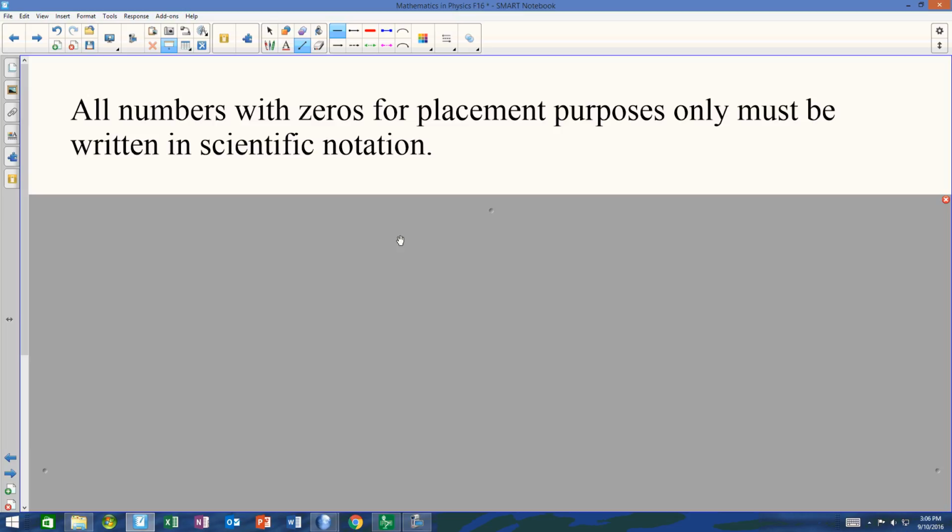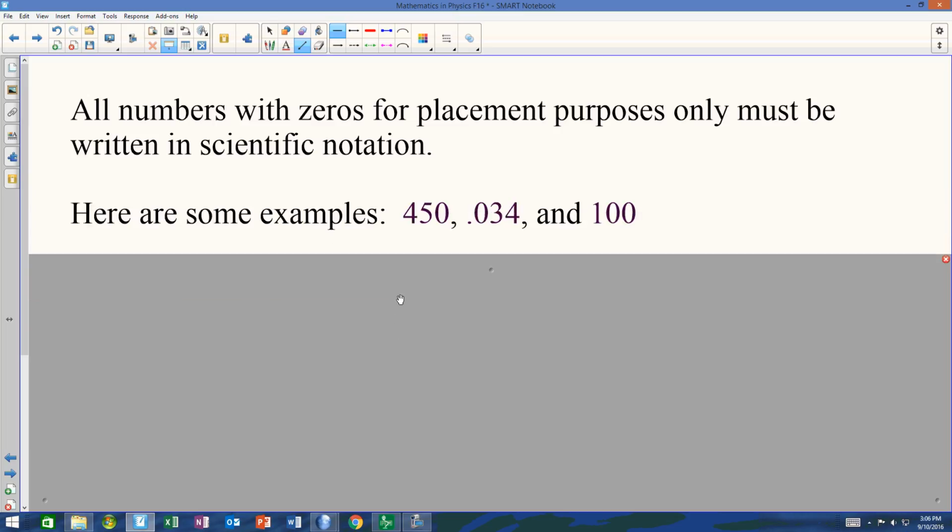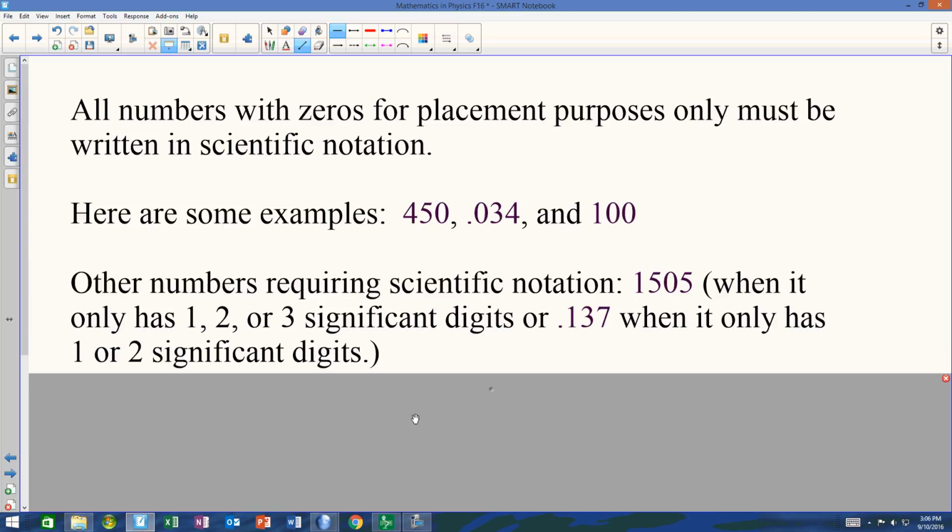If there's zeros at the end of the number or at the beginning of the number with a decimal point, I can make sure I know how many sig figs I have. So for instance, if I have 450, I would write that in scientific notation. 0.034, I'll write it in scientific notation. 100, I would write that in scientific notation. It's just easy to determine your sig figs when you write these numbers in scientific notation.